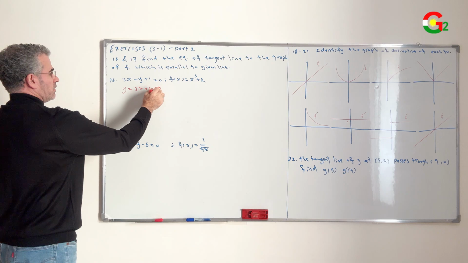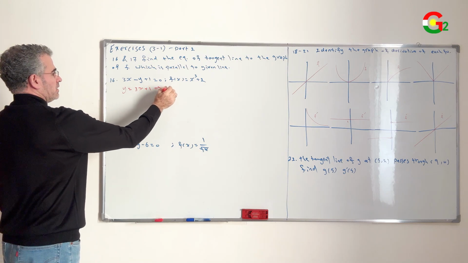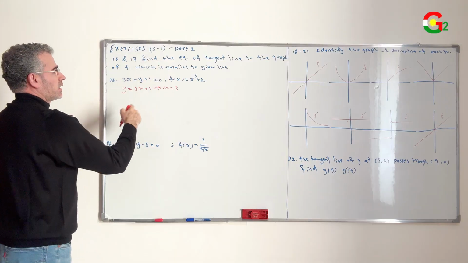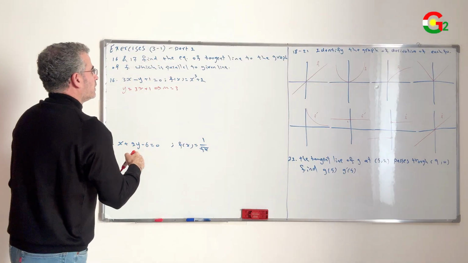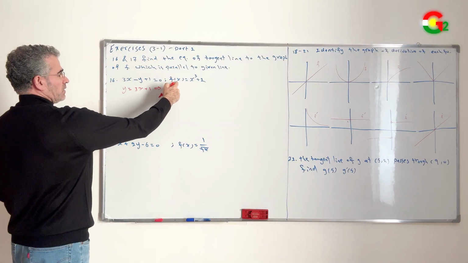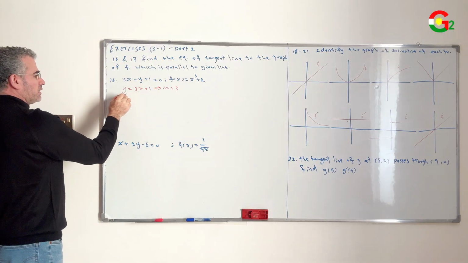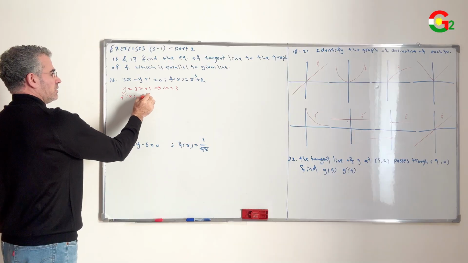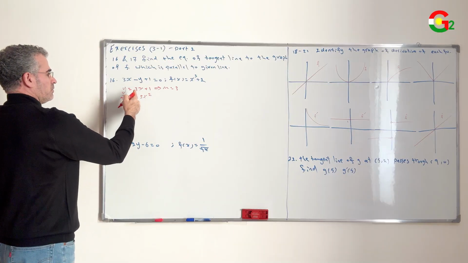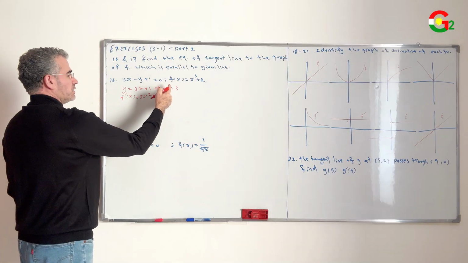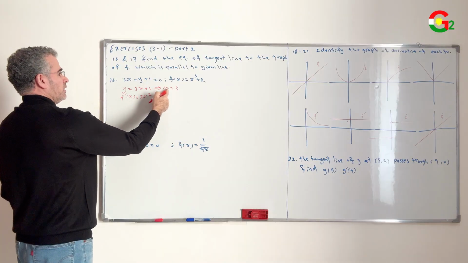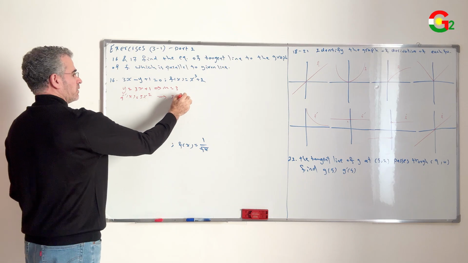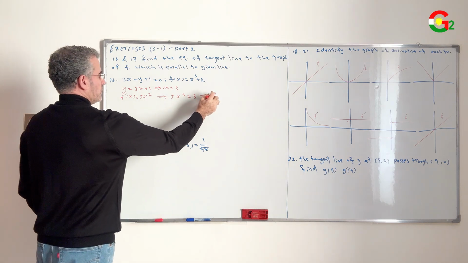Then the slope of this line is 3, equal to the slope of the tangent line of the function at the point of tangency. The slope of the function we can find from the derivative of this function, 3x^2. Then the slope at the point of tangency is equal to the slope of the function. Therefore, 3x^2 equal to 3.